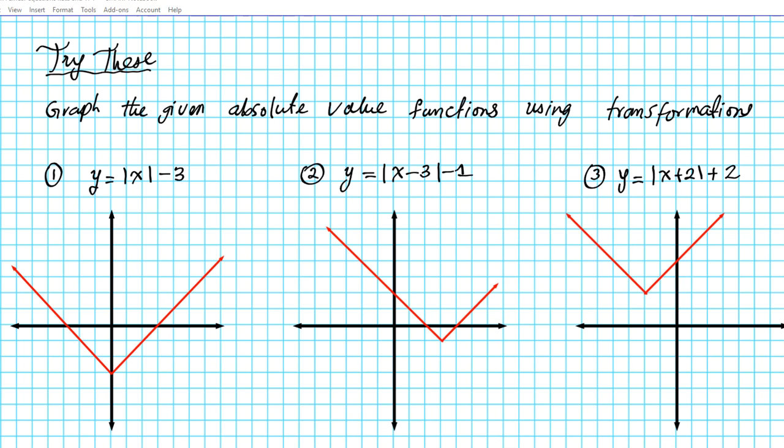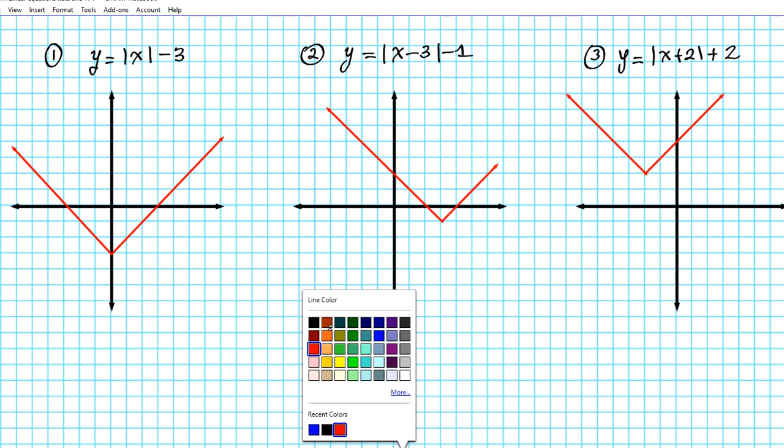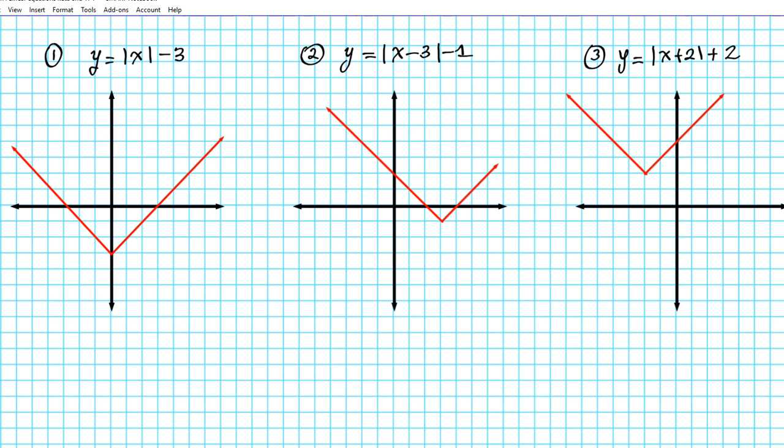Alright, hopefully you had a chance to try out the problems. Now let's talk about the answers real quick. Now if you take a look at the first one, there are no shifts in the x direction because there are no numbers grouped with the x inside the absolute value function. So the only shifts that we're going to have are the shifts up or down, or the vertical shifts.